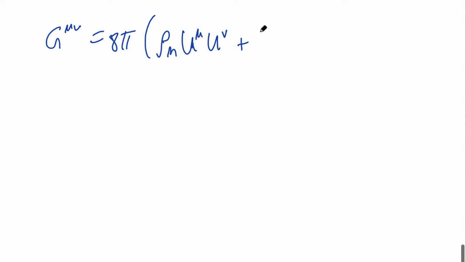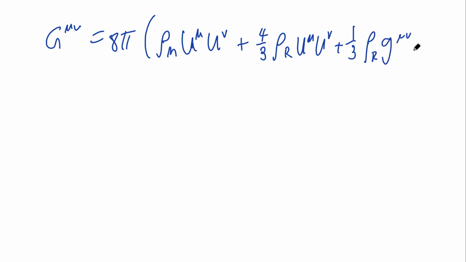Then we have the radiation contribution, that was 4/3 rho radiation times u mu u nu plus 1/3 rho radiation times g mu nu. And then we have the dark energy contribution, which is minus rho d times g mu nu. And now we can combine these terms on the right-hand side.